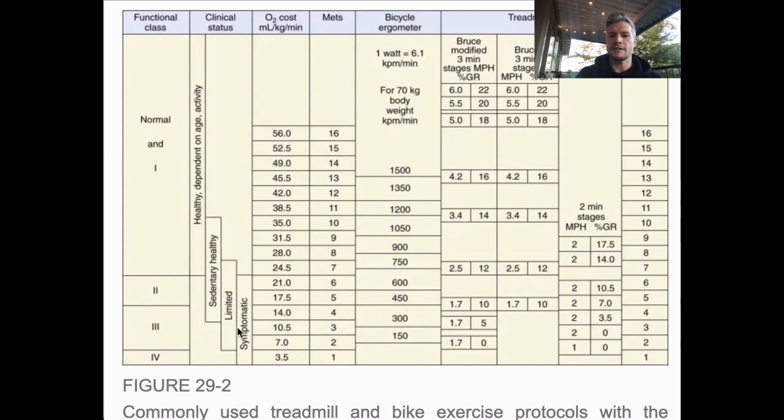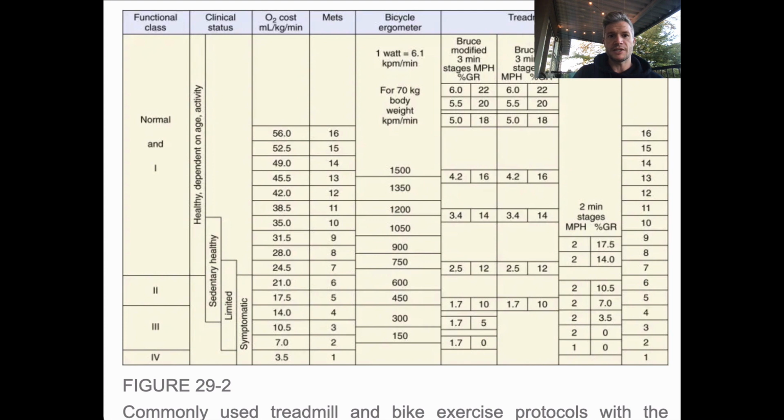So the idea here is, if you look at this graph, we can see whether we use a cycle ergometer or our Bruce protocol, that at certain levels, certain amounts of workload that has been incrementally added on relates to a certain amount of MET increase, which equals a certain amount of VO2 increase. Accordingly, we'll see people's heart rate go up across these conditions. Okay.